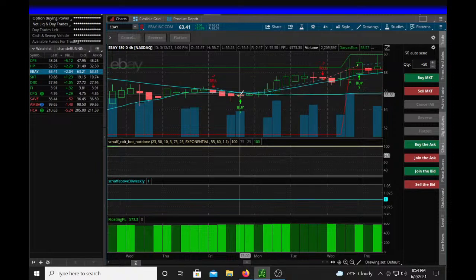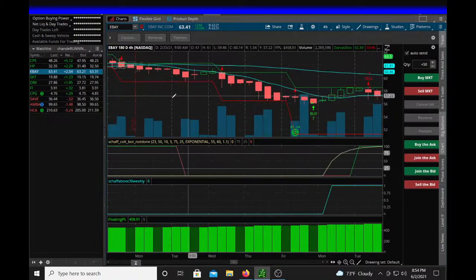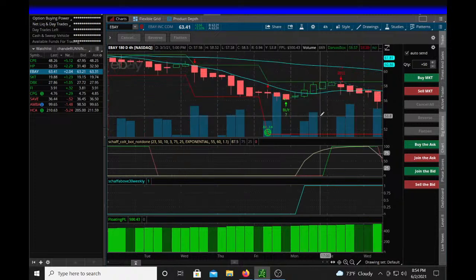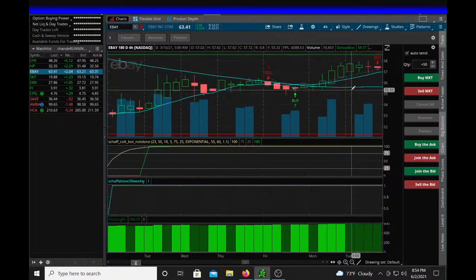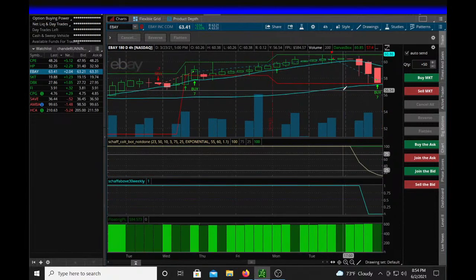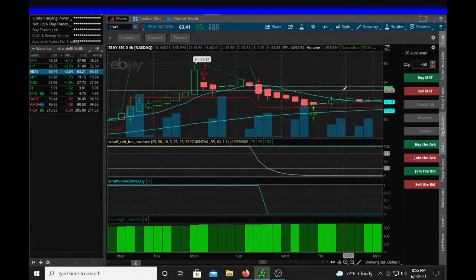So on our first set, let's say we had 50 shares. Going up, we would reverse our position, and then we would go short those 50 shares. Then we would switch it, and we'd go long, and then we'd be long 50 shares, or you could even add to them, go long 100 shares. Either way.